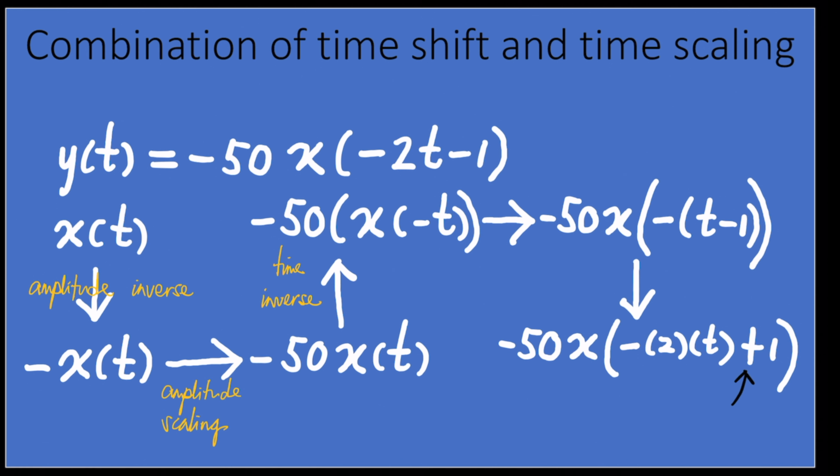Why minus 50 x(minus 2t plus 1)? This relates to the previous operation. Minus 50 x(minus t minus 1) is actually minus 50 x(minus (t plus 1)).